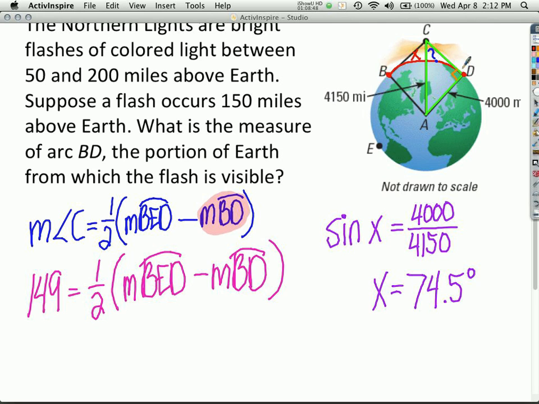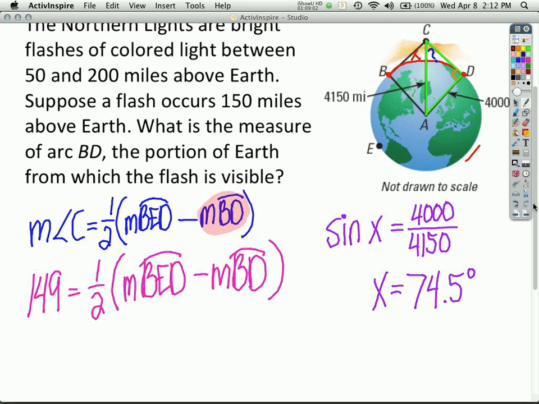You said BED, that's 1 arc. Okay, well you said one of them. Arc BED, that's 1 arc. Some of you are saying there's 3 arcs, so there's 1. Now I need the other 2.